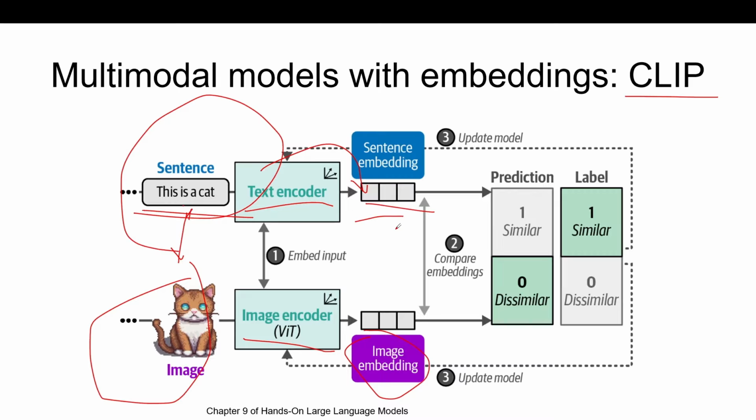We can also do the reverse: put in a description of the image as a sentence, and ask the model to generate a new image based on the description. All these tasks require multimodal models that can take care of embeddings for different types of inputs. So that's pretty important and pretty powerful.